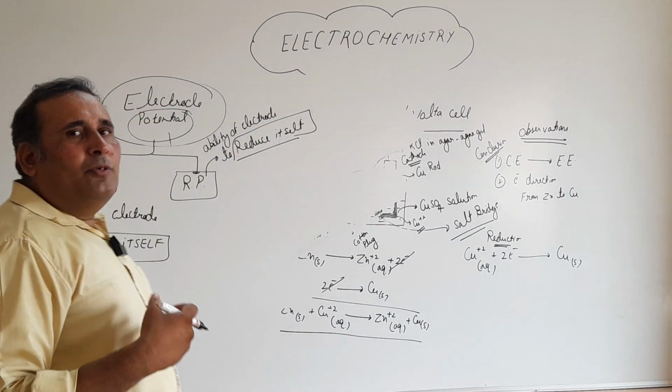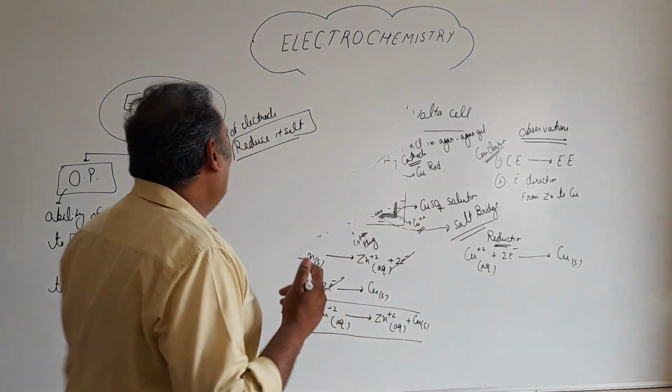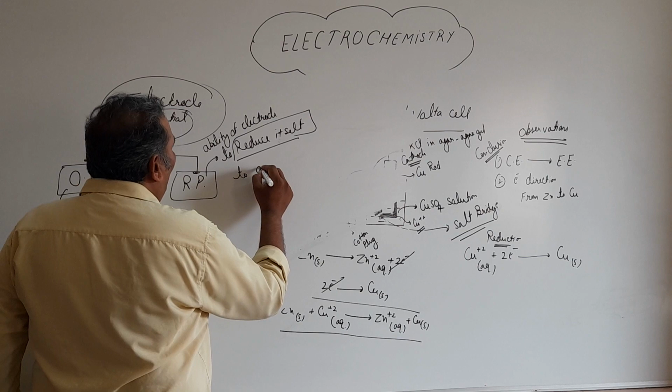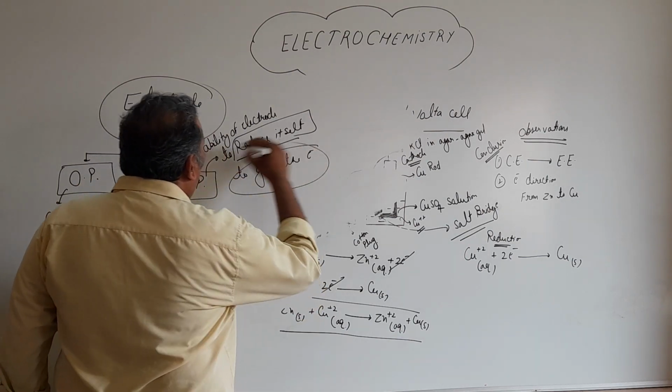What does it mean? Reduce itself means the ability of an electrode to gain the electron.